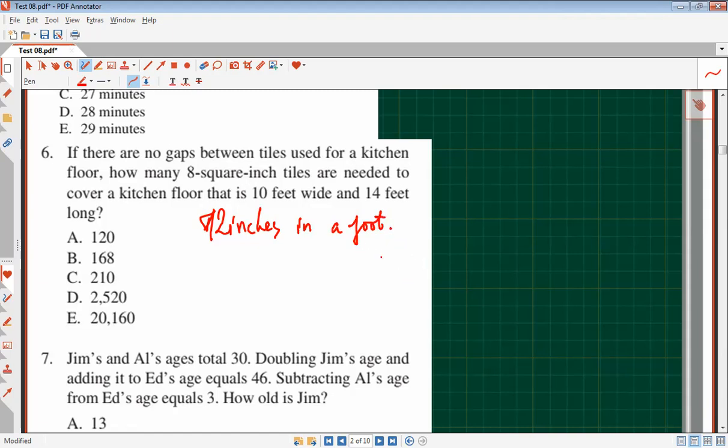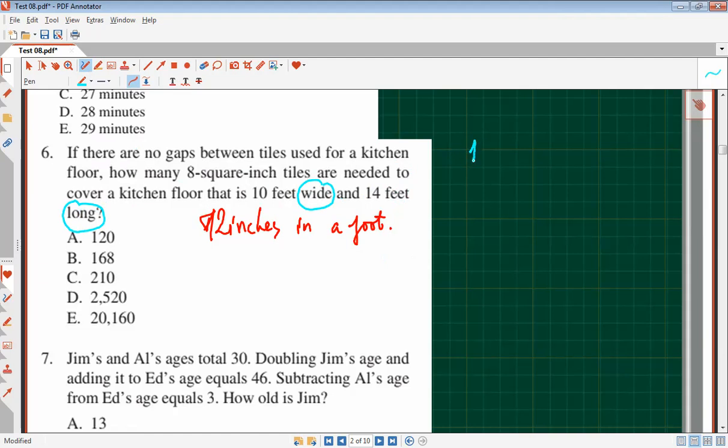A foot is the singular form and feet is the plural form. As a result, the width and the length of the kitchen have to be converted to inches.